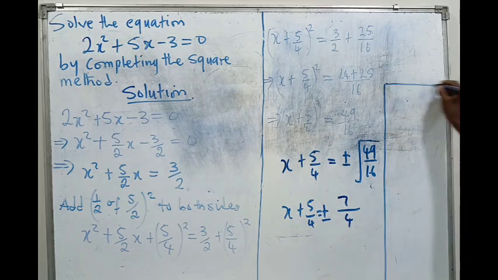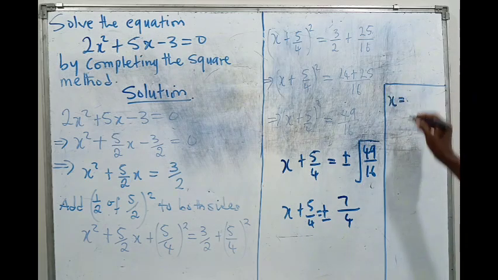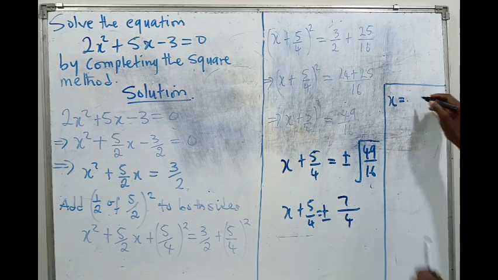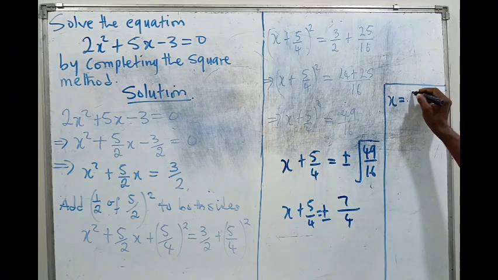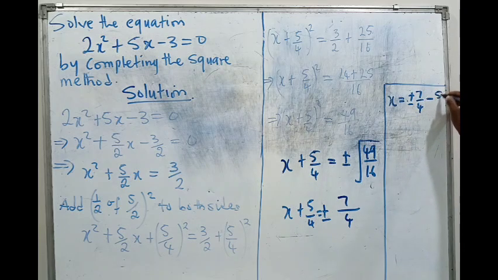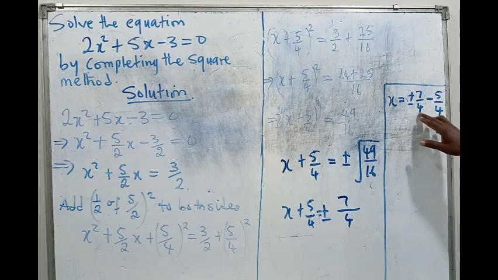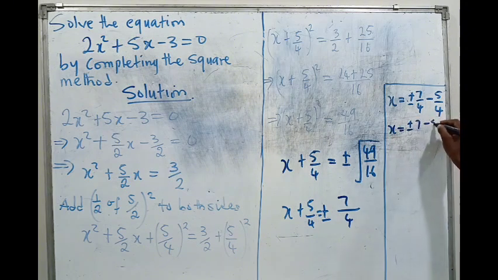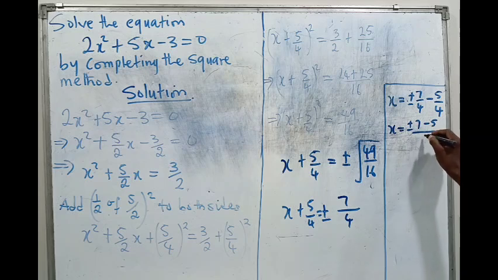Now we simplify that. X is now equal to plus or minus 7 over 4 minus 5 over 4. Since the fractions have a common denominator, we can simplify x to be equal to plus or minus 7 minus 5 all over 4.